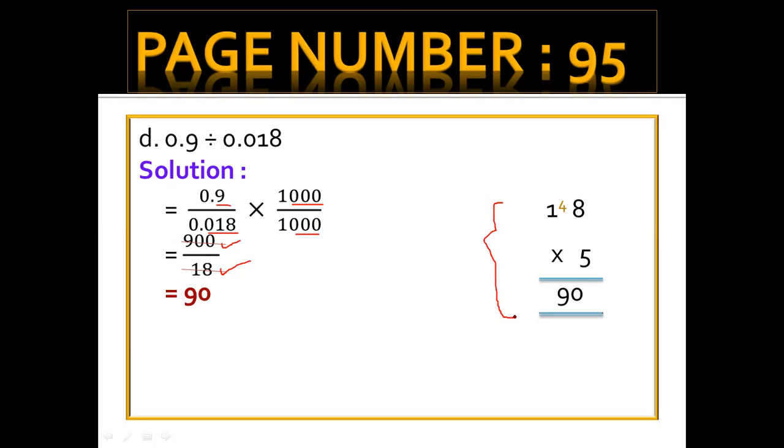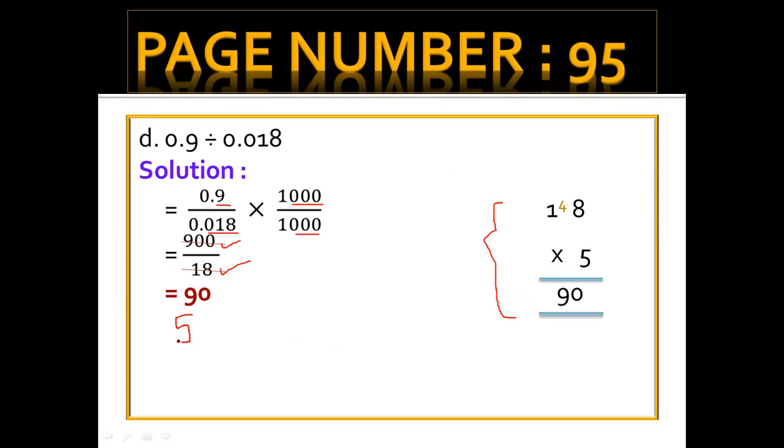900 over 18. When we multiply 18 with 5, it will be 90. So 50 will be our answer. By mistake, I wrote here 90.